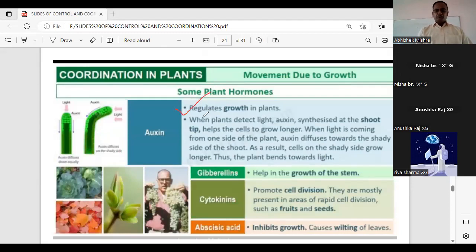Now one very important thing, students: when I send you the material regarding the role of the hormones, since there are many hormones, the chances of getting confused are too much. So a very important shortcut is there. Always try to remember the functions which are common between auxin, gibberellin, cytokinin, and abscisic acid. So the 4 functions you will try to recall.